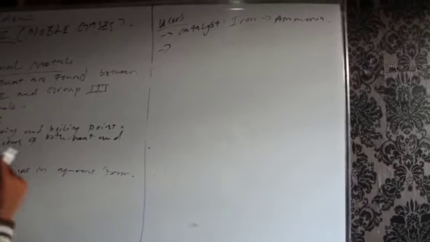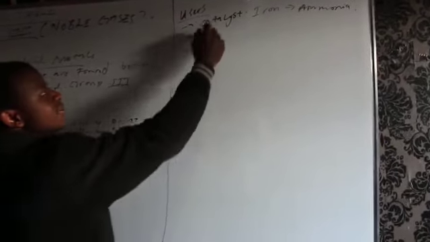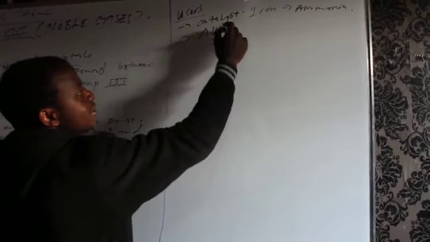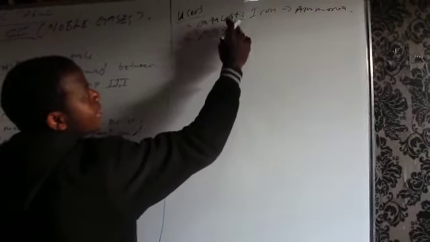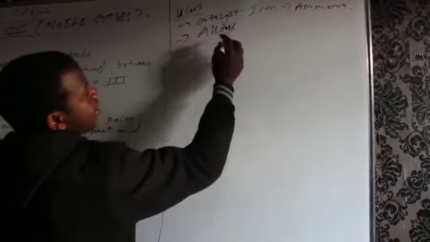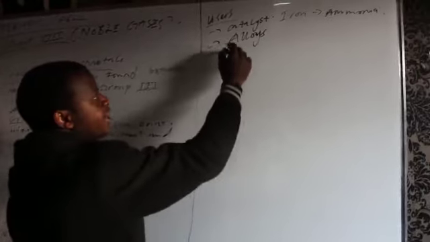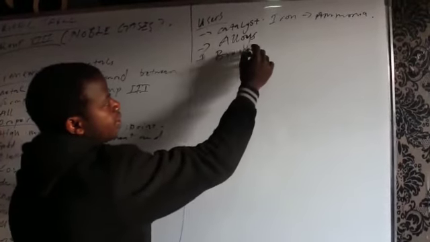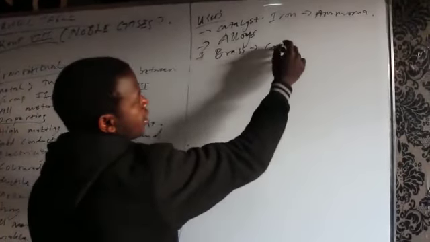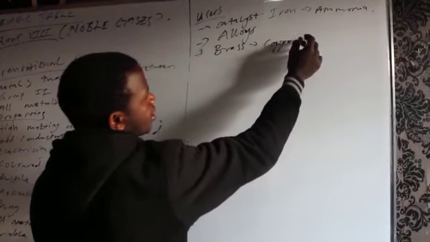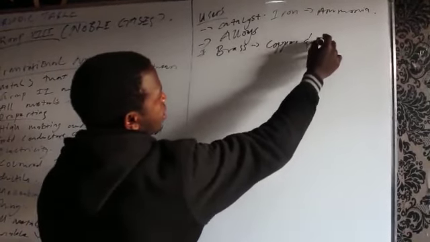Then the other use is that these are used to make alloys. An example of an alloy, we have brass, which includes copper and zinc.